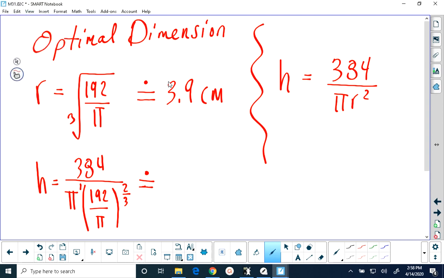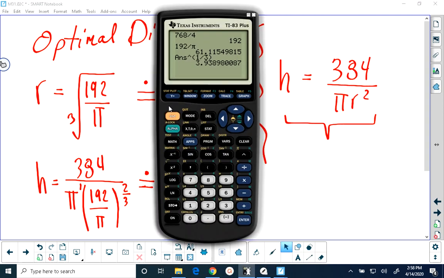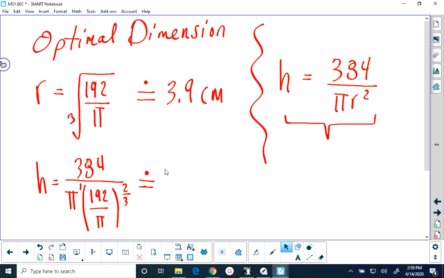I'm not going to worry about typing in that whole mess. So I'm going to take 384 and divide by, in brackets, pi multiplied by the radius squared, and I get for a height approximately 7.9 centimeters.